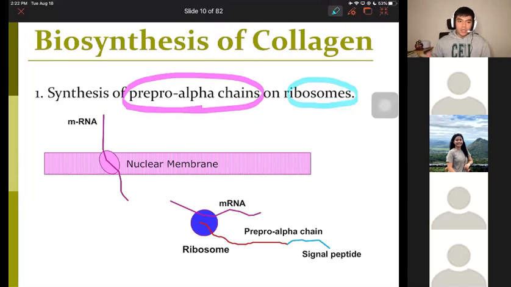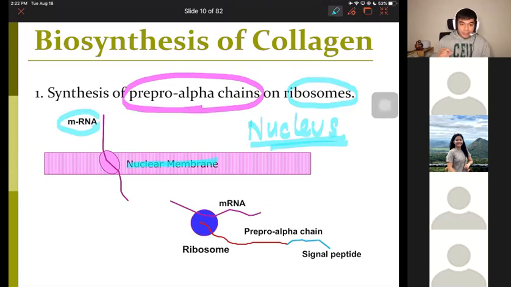Suppose this is the nuclear membrane of the nucleus, and take note that inside the nucleus, mRNA is being produced. The mRNA will be the transcript, the basis for making a protein, and in this case, collagen.